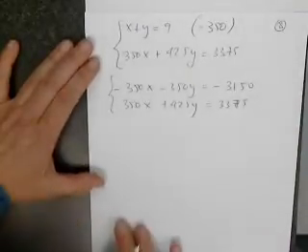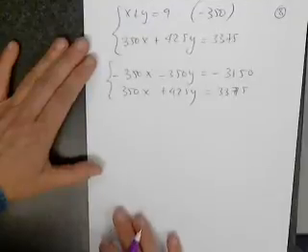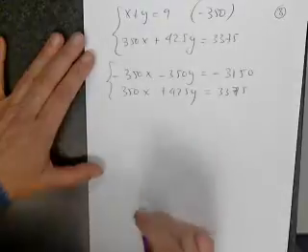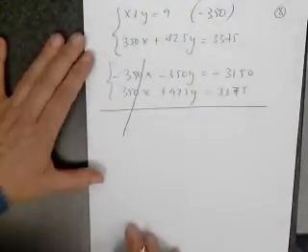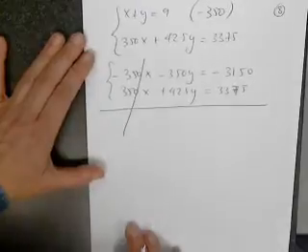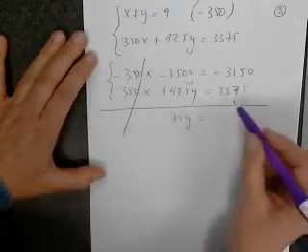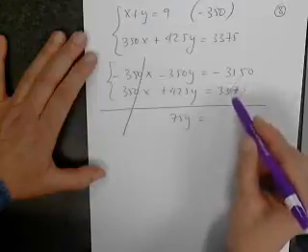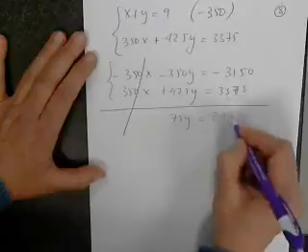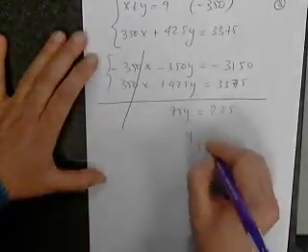What will I do next? We are eliminating. So you mark out the first negative 350. Okay. 75y, very good. Equals 225. And divide both sides by 75.